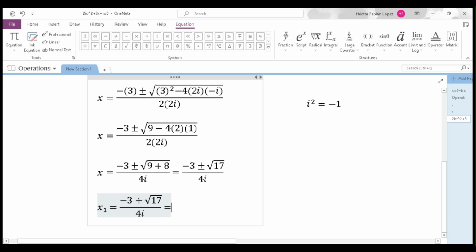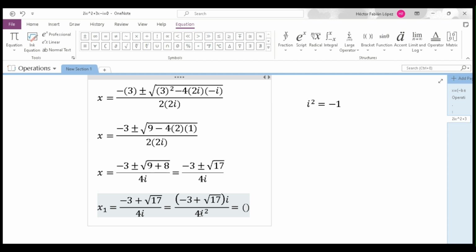It implies we will have minus 3 plus a square root of 17 times i. Remember, if we multiply by i in the numerator, we have to do the same in the denominator. And then we will have 4i to the second. I times i is equal to i to the second power.